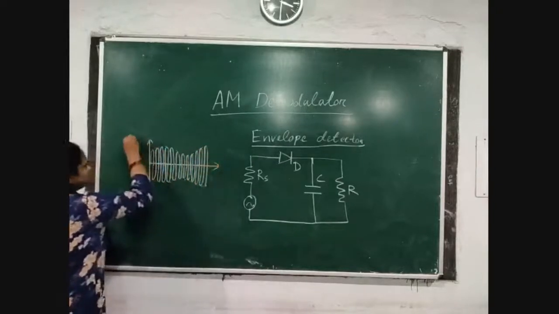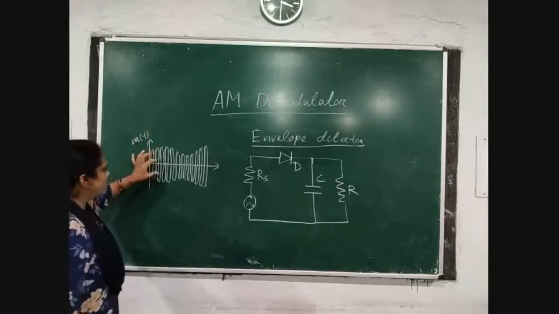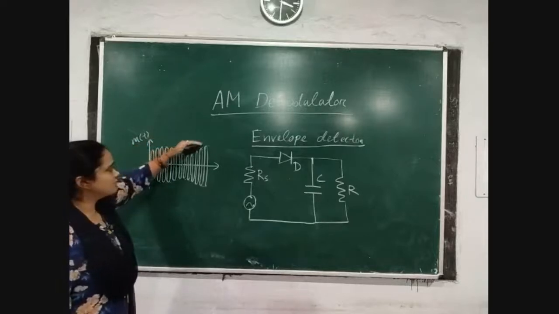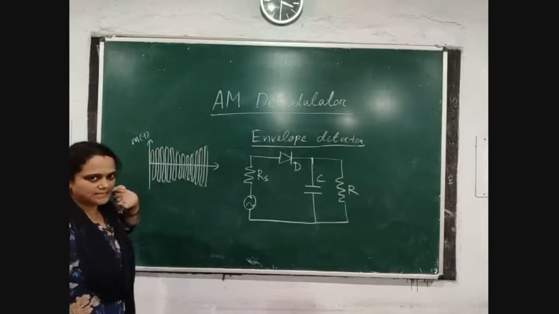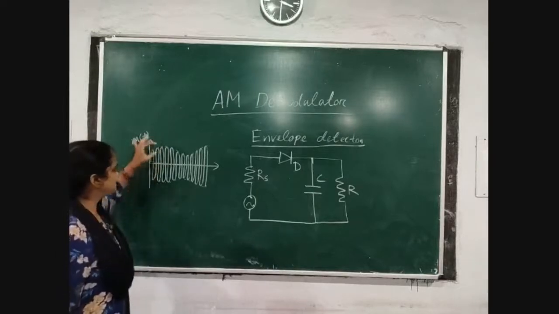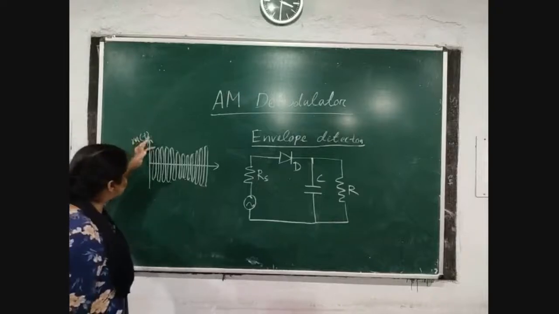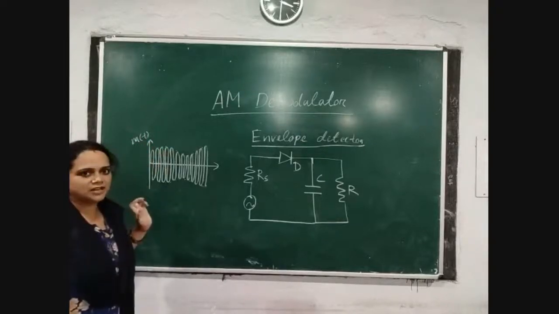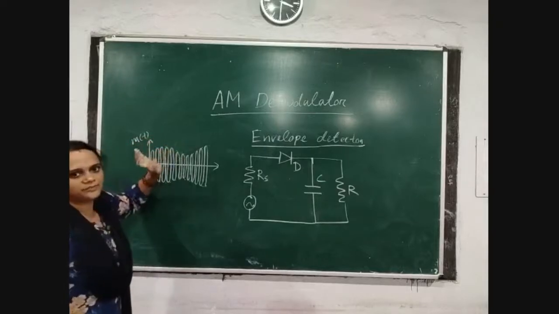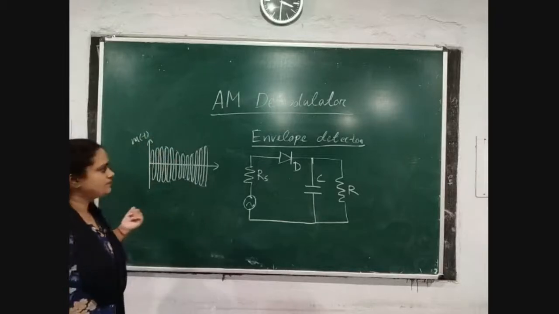This one is the modulated signal. The middle one is the carrier and the sides follow the shape of the modulating signal, and the information is present in these sidebands. This one is the upper sideband, this one is the lower sideband, and these sidebands are known as the envelope, and we have to extract this envelope. If we extract this envelope, then we get our modulating signal.